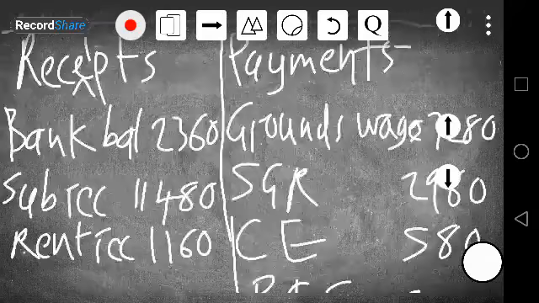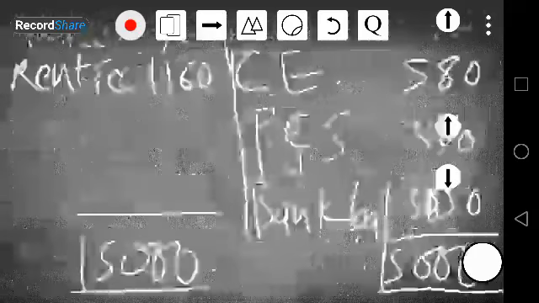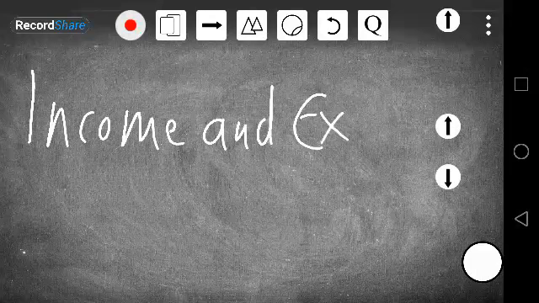Okay, so this is how we enter stuff like that. Now let us move to income and expenditure.